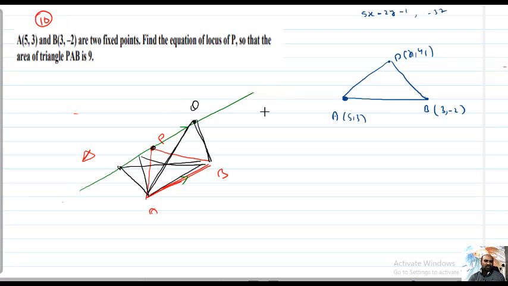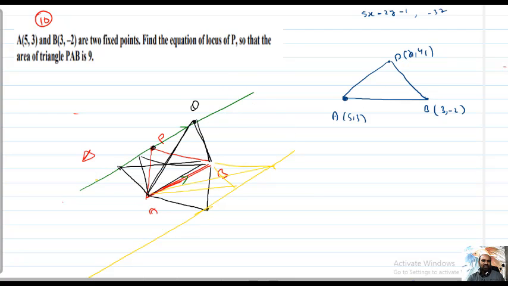Take one more point which is below AB, so that the area of this triangle is also 9 square units. The meaning is that through this point also we can draw a line parallel to AB. Every point on this line also satisfies the same condition. So what is the meaning of that? The locus is nothing but two parallel straight lines.